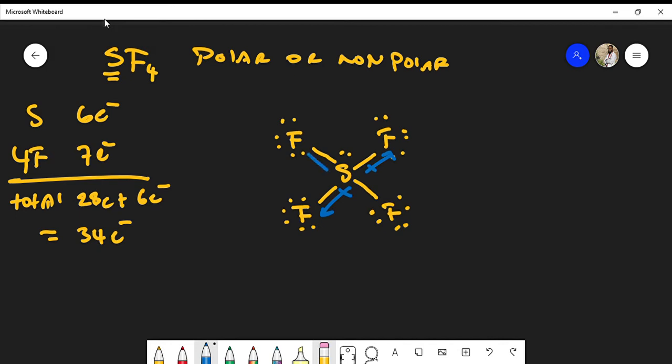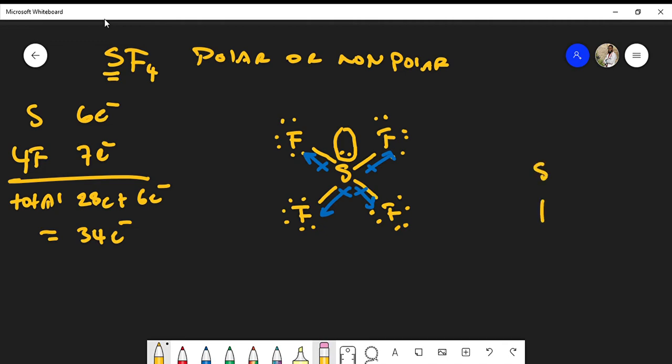All right, and so if we draw our dipole moments, you would actually see that these look like they're canceling out because we're having tail-to-tail dipole moments. But the geometry is incorrect. What happens is that because we have this lone pair, it actually shifts the bond angles down, and so this molecule is actually a seesaw molecule.